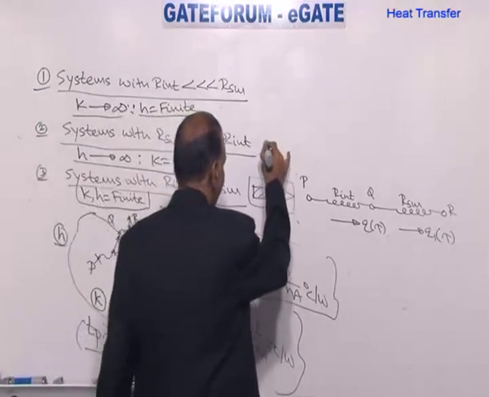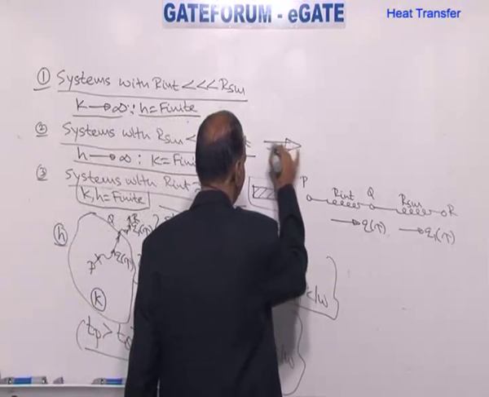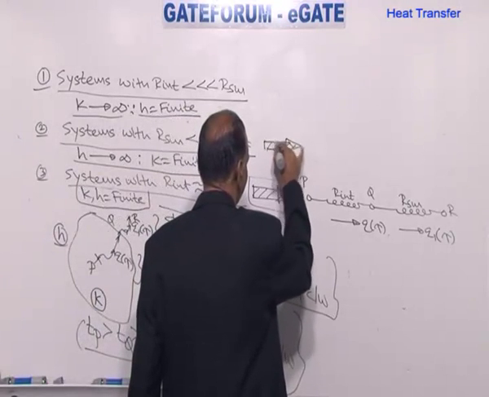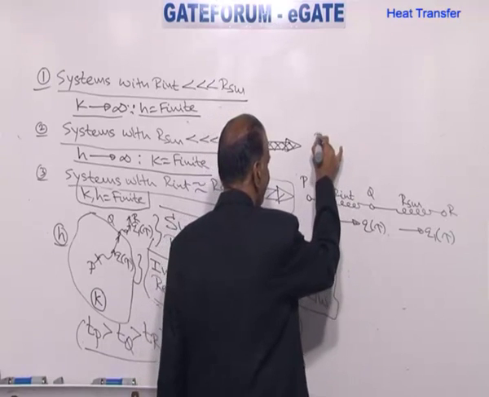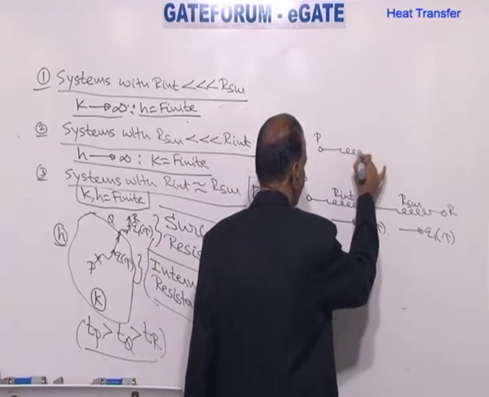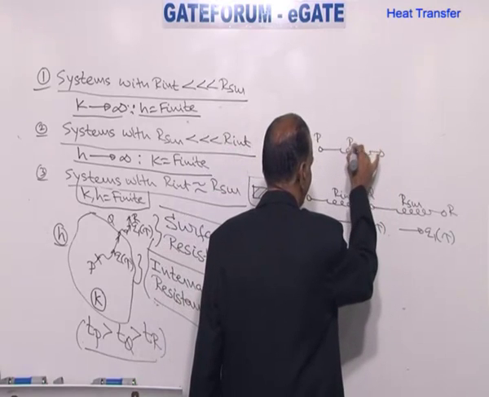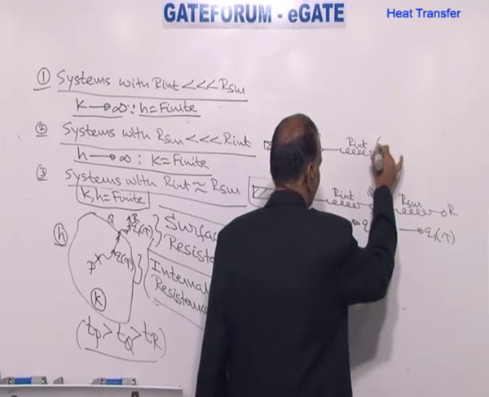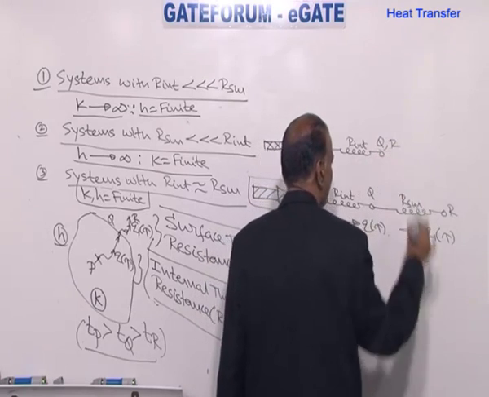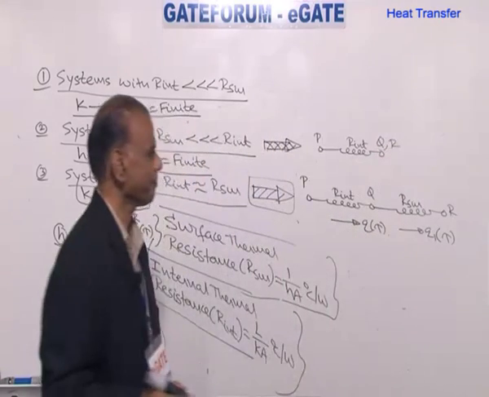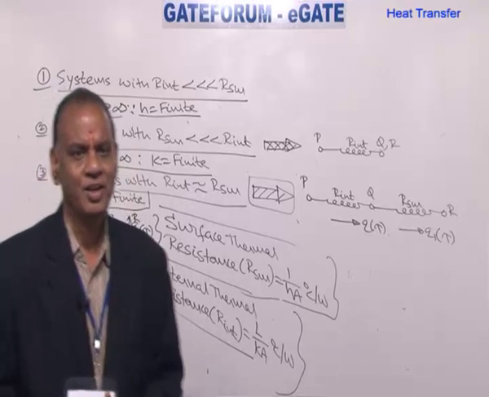Because both the resistances are comparable. If you go to the previous case, what is happening? P is there anyway, R internal is there, Q is there, but R surface is 0. As a result, Q and R will coincide. R surface is 0.